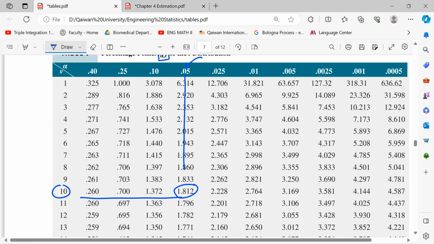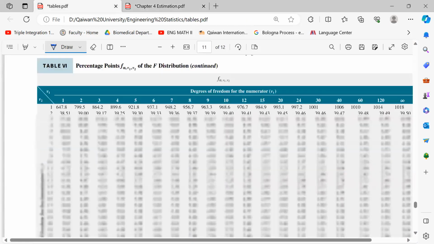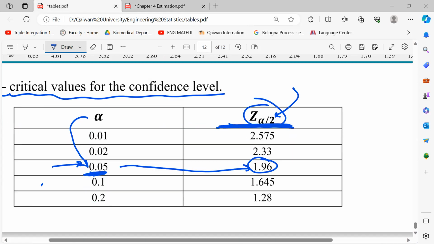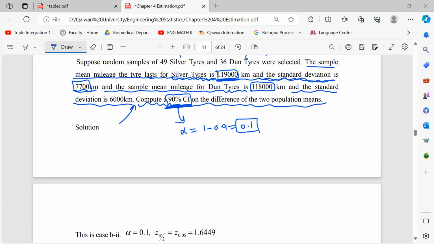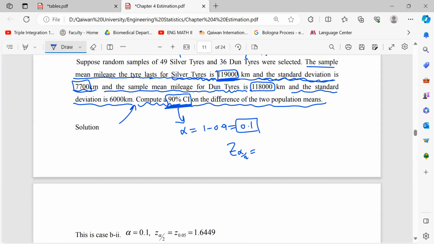Let's return to the table. If alpha is 0.1, Z of alpha over 2 is 1.645.